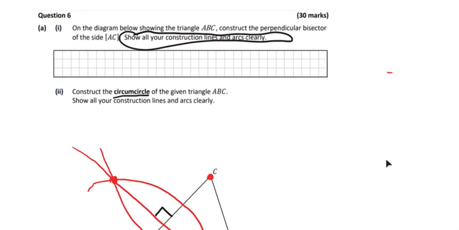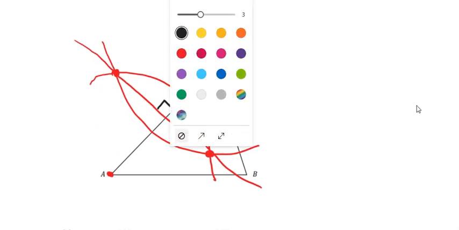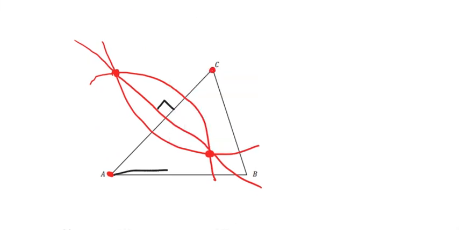So for the circumcircle, all we have to do is do the same thing with another side. You can pick the side AB, or you can pick the side CB. It doesn't matter which. It's going to be exactly the same amount of work. I'll just use BC here. So to construct the perpendicular bisector of BC, you do exactly the same thing.